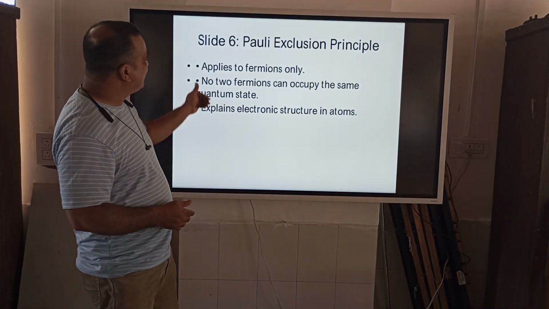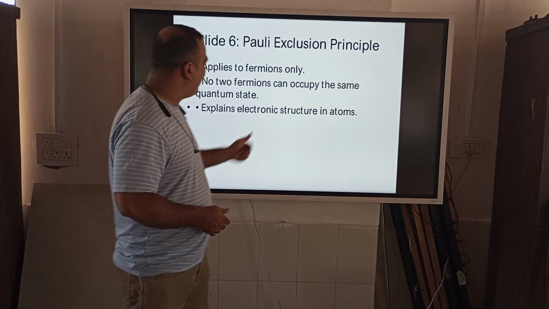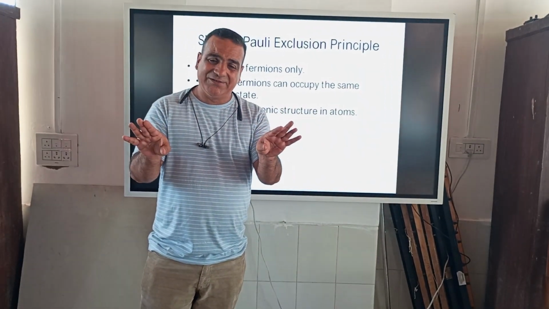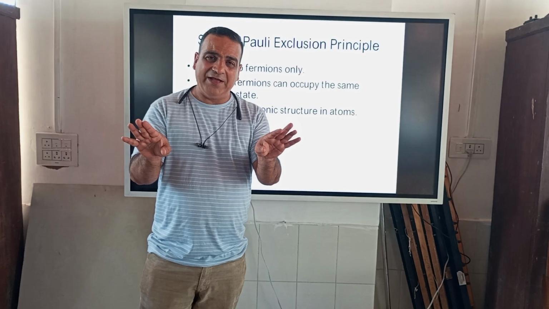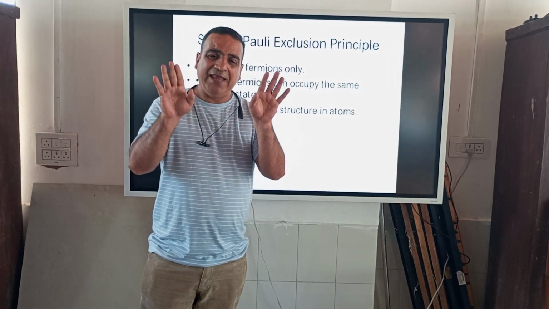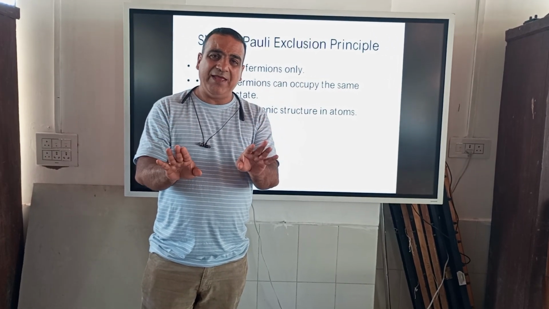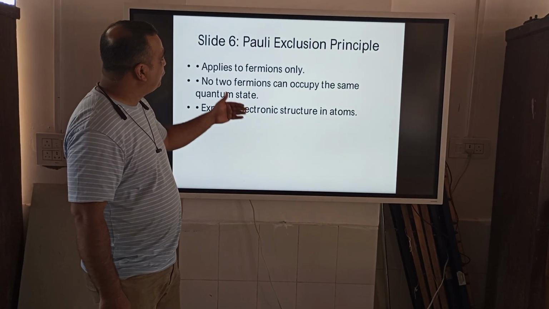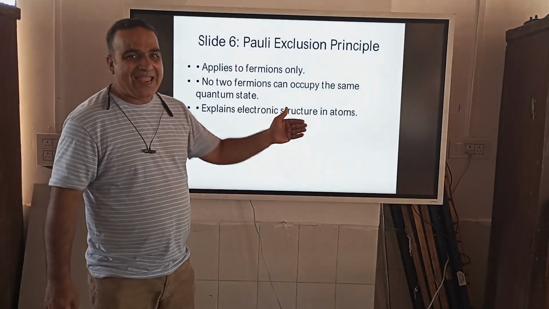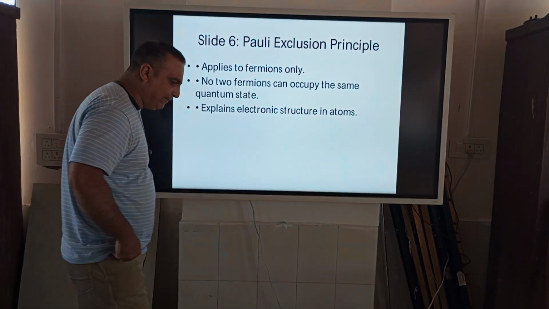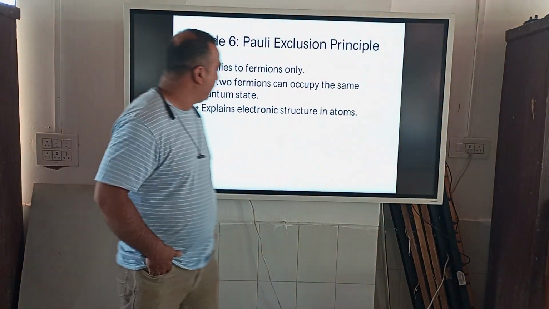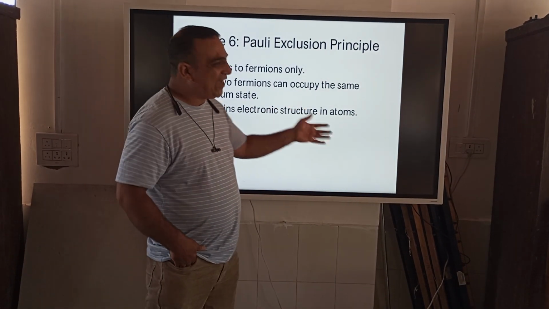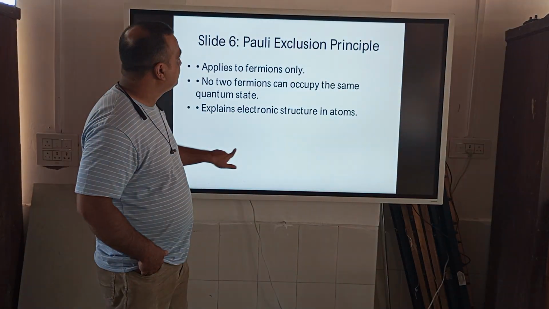What it means is that no two fermions can occupy the same quantum state, because when you exchange the particles in your eigenfunction, you come up with the same eigenfunction but with a negative sign, leading us to the conclusion that two fermions cannot occupy the same quantum state. So certainly it helps us to explain the electronic structure in the atoms.